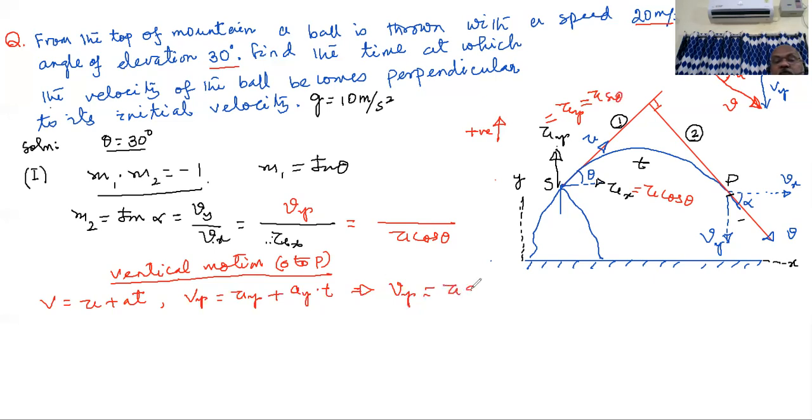It is considered as positive. Or else you could have written u sin theta j cap, but we are not using that style now. Plus our a is g, but you know g must be taken as a negative vector. So minus g into t. So thereby that becomes your u sin theta minus gt. Okay, that is the value of Vy. So now we stop here, the place where we have left off.